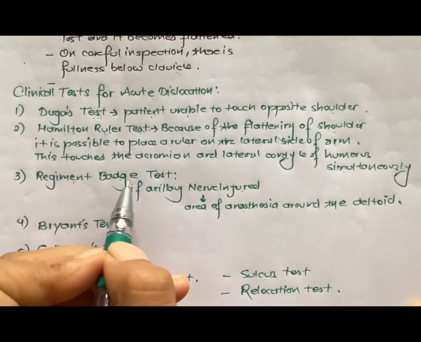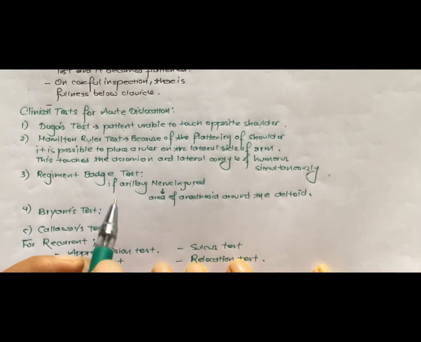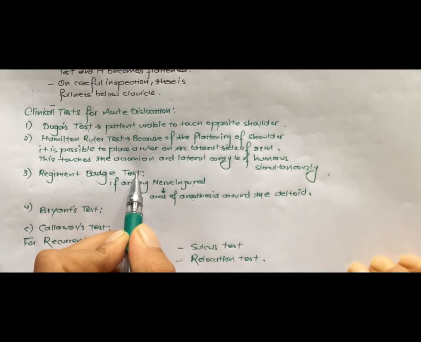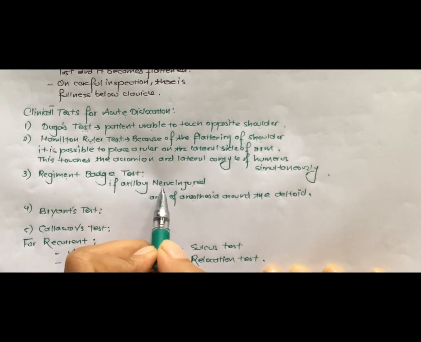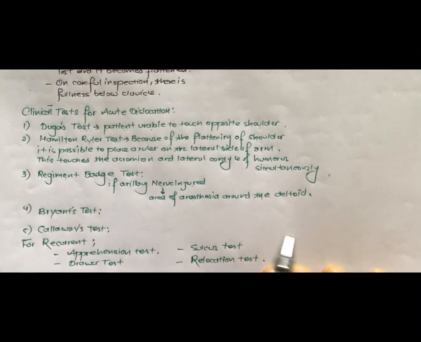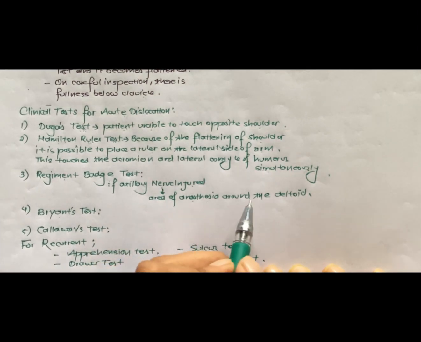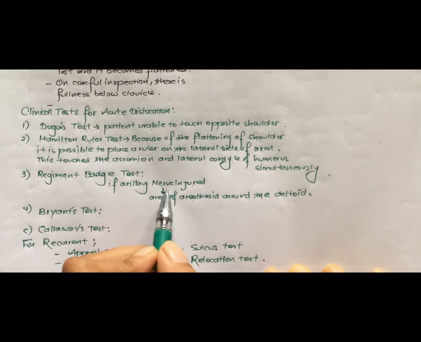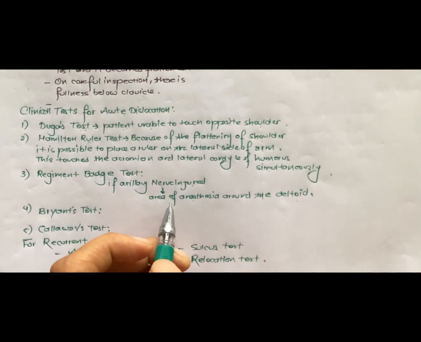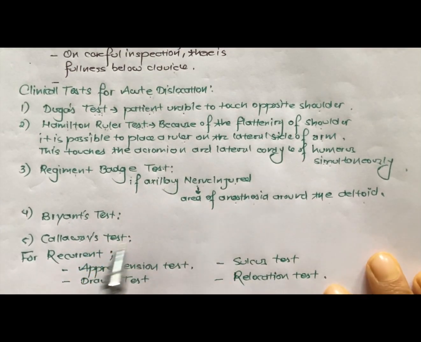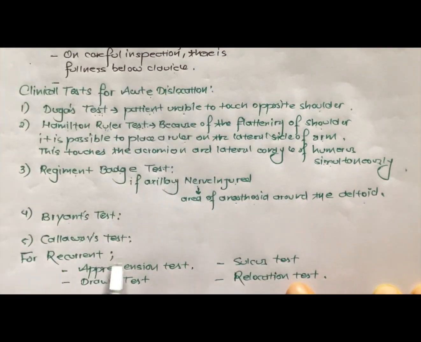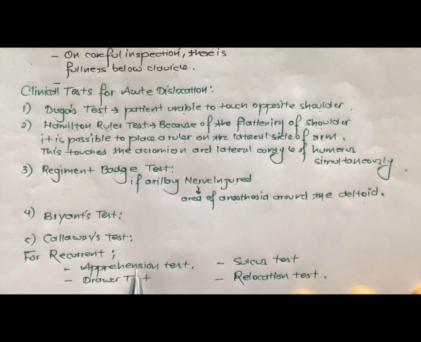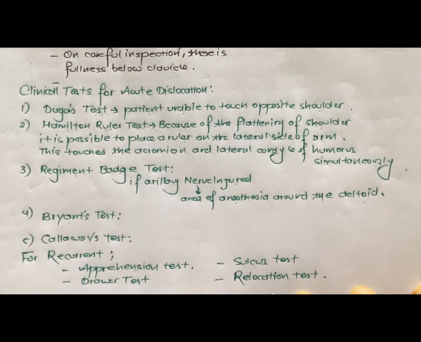And talking about the regimental badge test, it is done to know the status of the axillary nerve, whether it is intact or injured, and if there is an area of anesthesia around the deltoid, then the axillary nerve is damaged. And likewise, Bryant's test and Callaway's test can also be done. And for recurrent dislocations, apprehension test, drawer test, sulcus test, and relocation test can also be done.